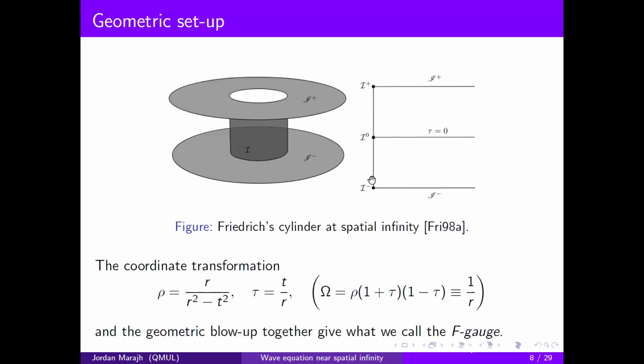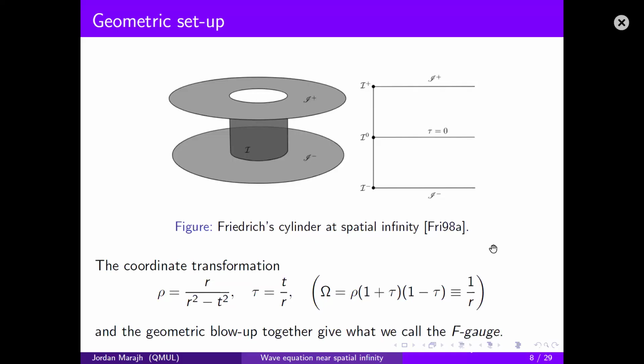So I guess this is this coordinate axis here. And for rho positive, you're moving away from spatial infinity, or the cylinder. And in particular, this omega that I was talking about before, this boundary defining function, or the conformal factor in this case, it splits like this, and this is just simply 1 over r. So this geometric blow up together with this change of coordinates, if you like, is what we call the F gauge.